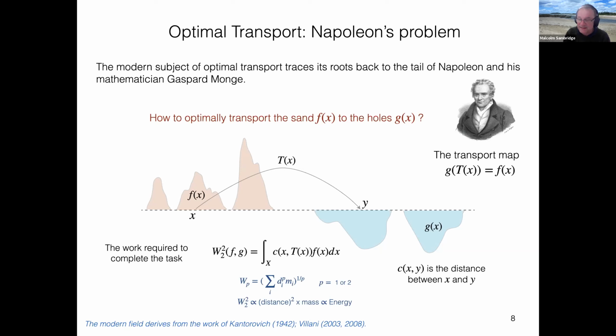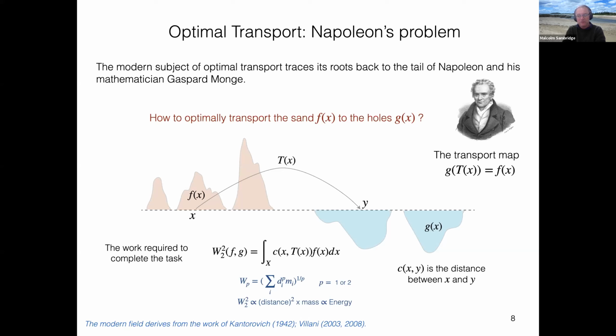As I say, my distance function could actually be more general. It could be almost anything here. Now, this was posed by Gaspard Monge back in the early 19th century, and it wasn't clear that this problem even had a solution. We're trying to find T of X that minimizes W.